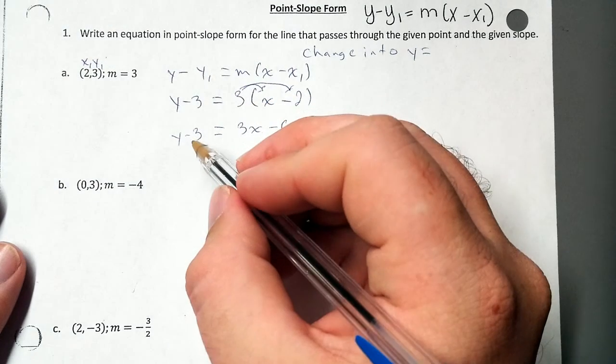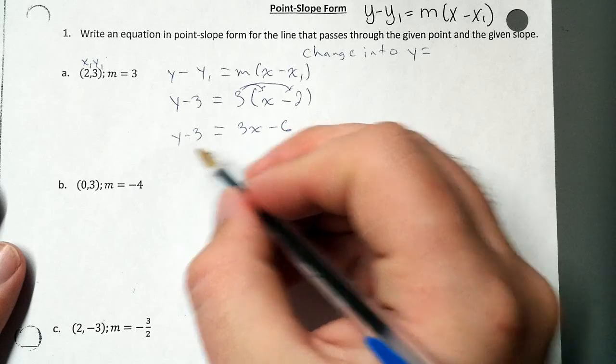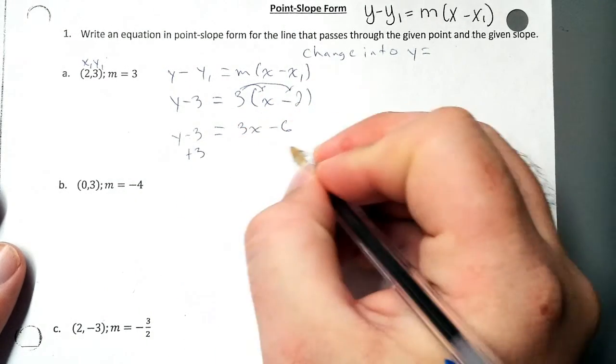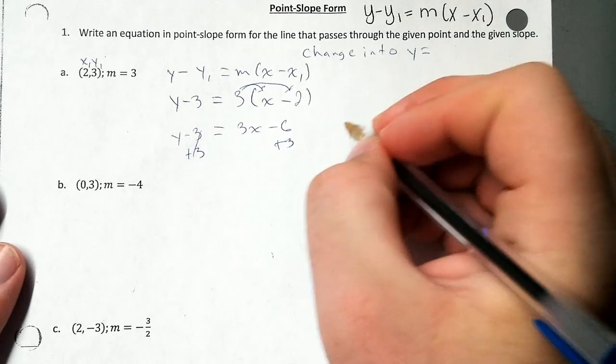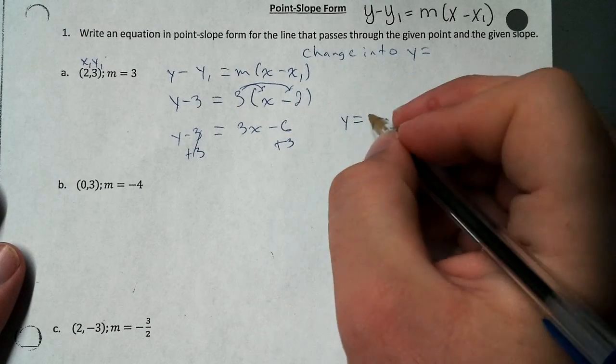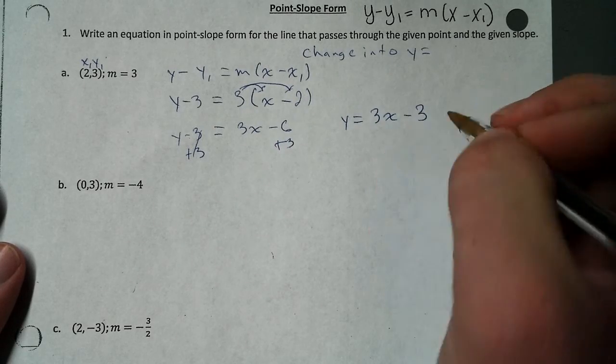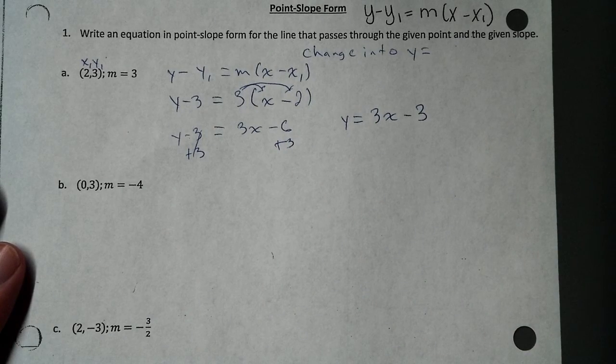And then we need to move our numbers away from y to get y by itself. So add 3, we get y equals 3x, and negative 6 plus 3 is negative 3. Alright, not so bad, right?